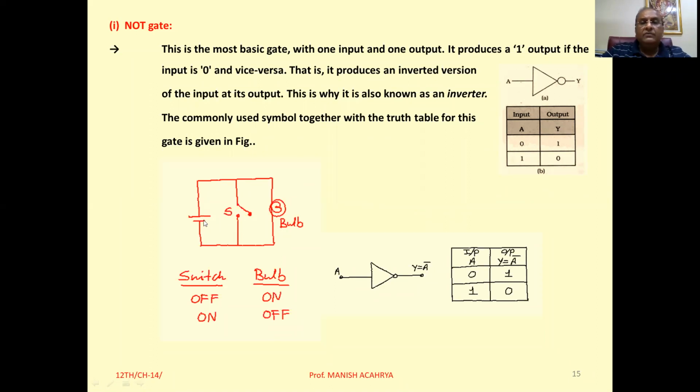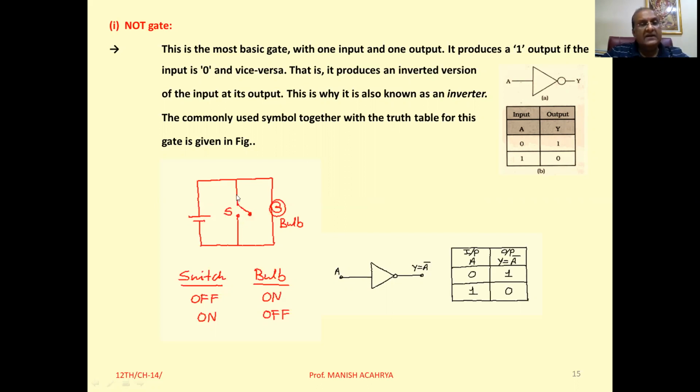Suppose we have a bulb which is connected with the battery as shown in this figure, and parallel to the bulb, a switch is there. Ideally, we can consider the switch has 0 resistance. Now suppose this particular switch is off, it implies that there is no contact between these two terminals.